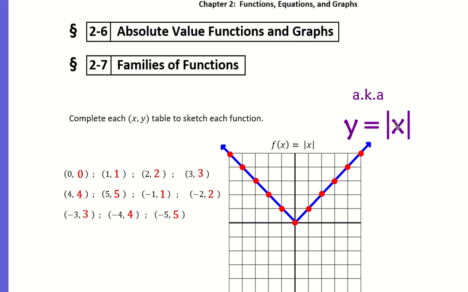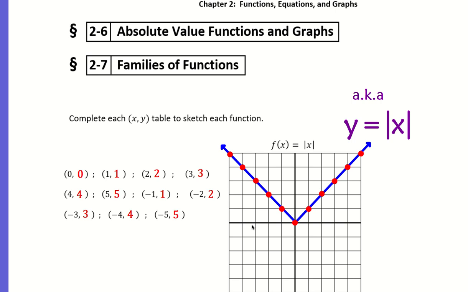So this graph keeps going because it's going to hit 7, comma 7. Over here, you could plug in negative 50. If you plugged in negative 50, you'd end up with the point negative 50, comma 50. So this part of the graph keeps going and going and going until it hits negative 50, comma 50.